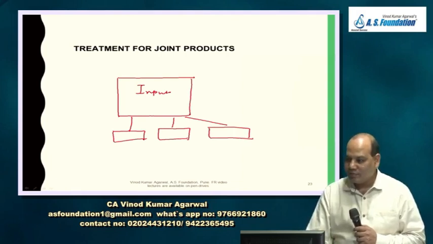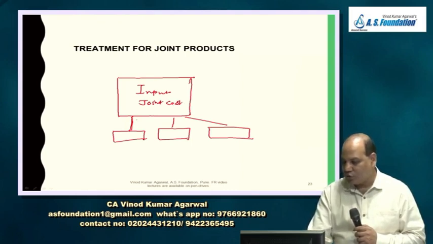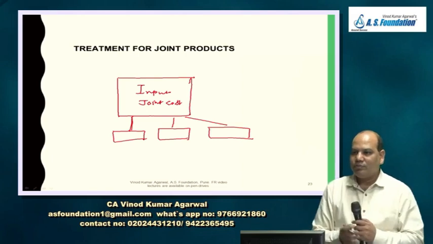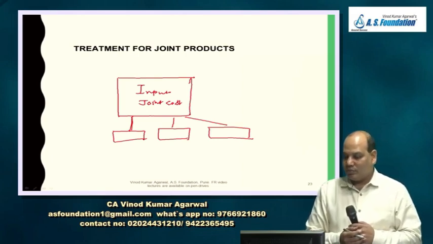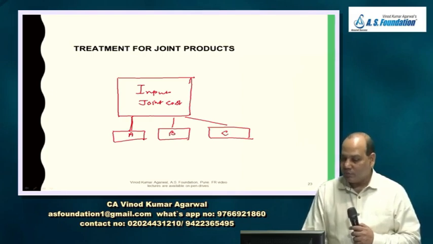Is it right? Now the problem will arise of how to allocate this joint cost. The cost incurred is joint. We don't know actually how much goes for A or B or C, right?